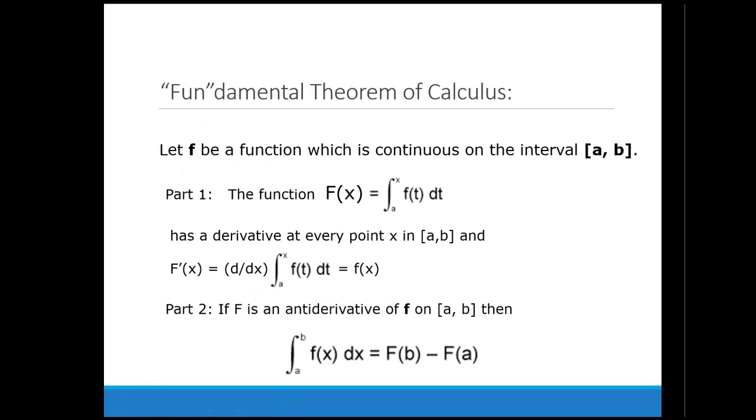So going into those details, if f is our function, lowercase f, we have the interval a to b. On that interval, we have a continuous function. Then part 1 of the fundamental theorem says that the function capital F of x is equal to the integral from a to x of f of t.